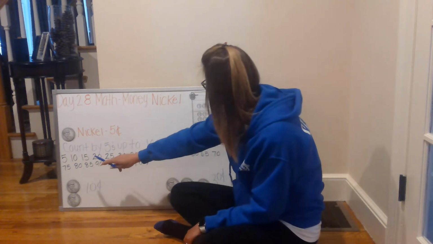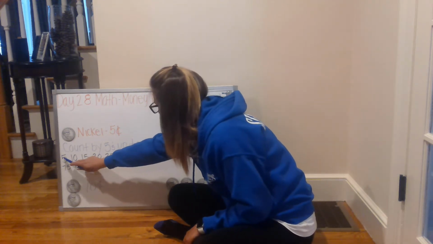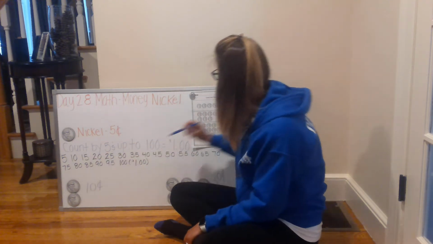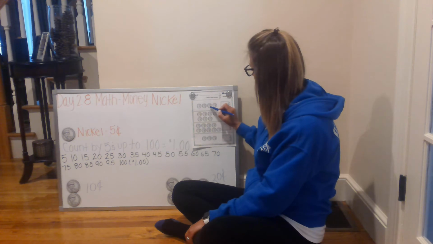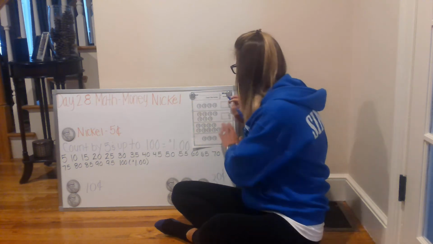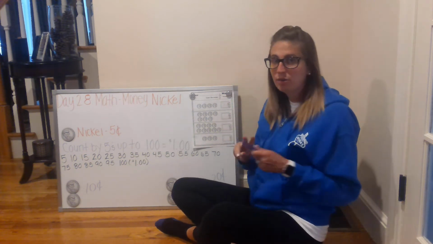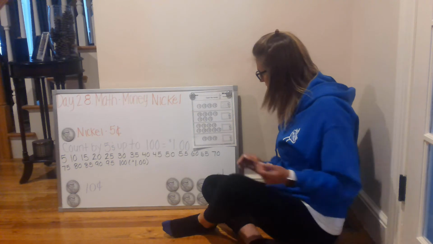We're going to count 4 slots, 1, 2, 3, 4. So it's 20. 5, 10, 15, 20. So the total is 20 cents. We're going to write 20 cents in the box, and make sure that you're writing the cent symbol as well.